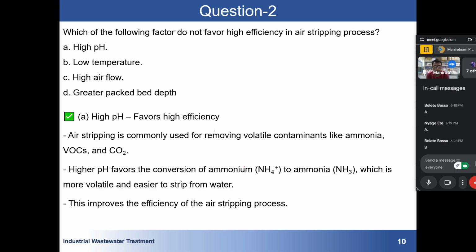So in case of high pH, ammonium converts to ammonia, which is more volatile and will easily be removed from the water. So this increases the overall removal efficiency. So this won't be my answer.